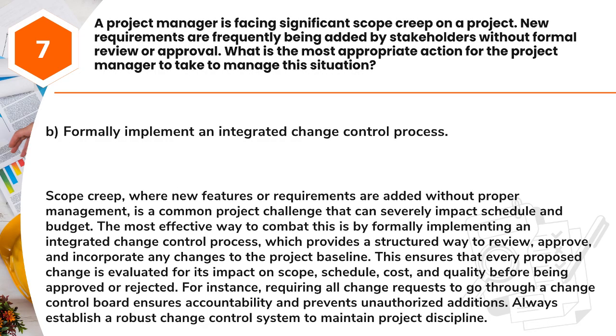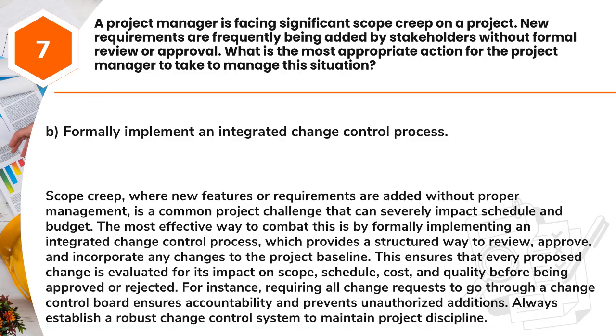Answer: B. Formally implement an integrated change control process. Scope creep, where new features or requirements are added without proper management, is a common project challenge that can severely impact schedule and budget. The most effective way to combat this is by formally implementing an integrated change control process, which provides a structured way to review, approve, and incorporate any changes to the project baseline.